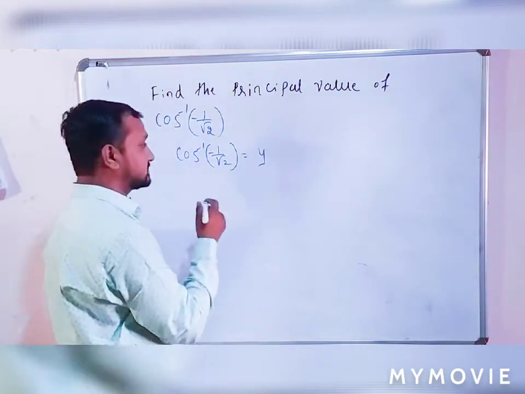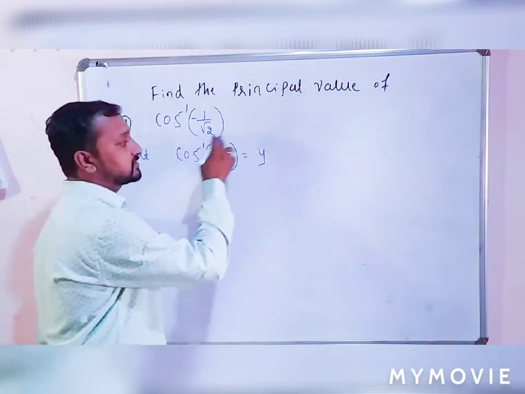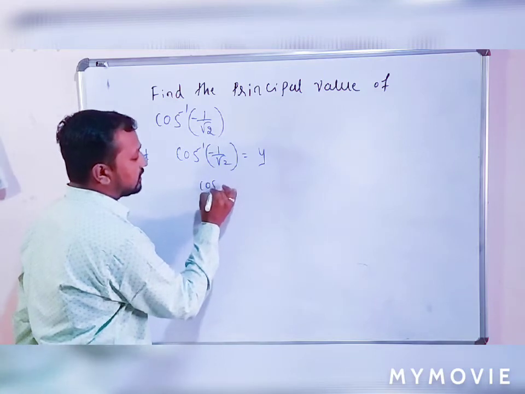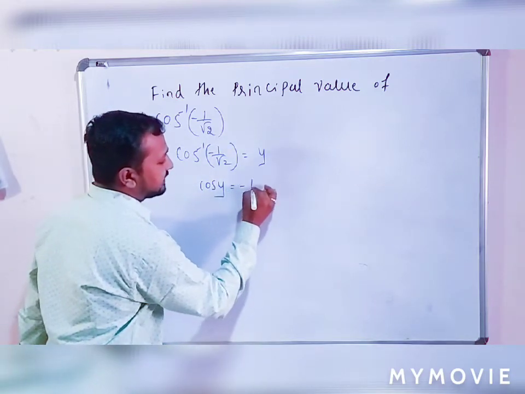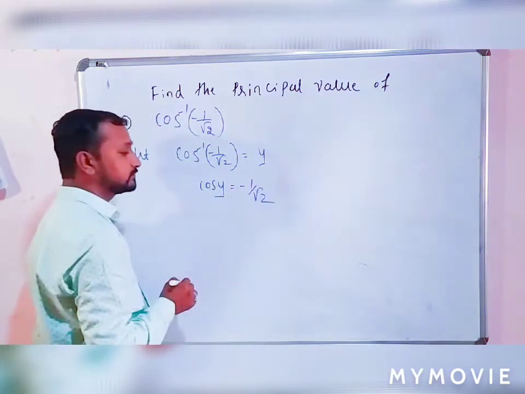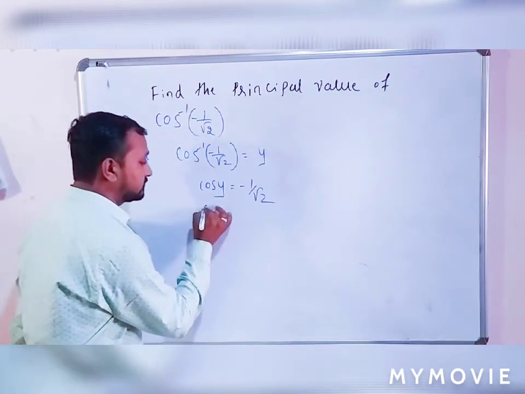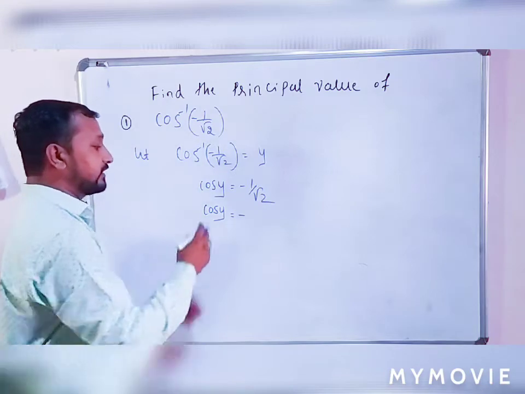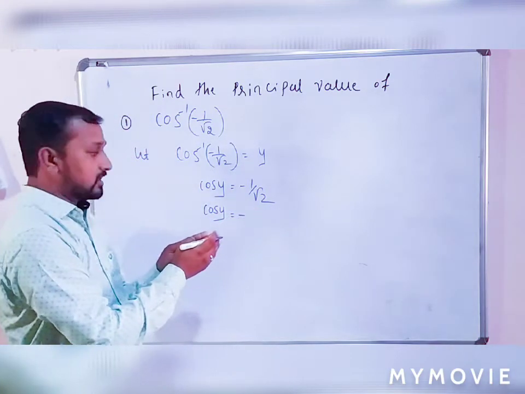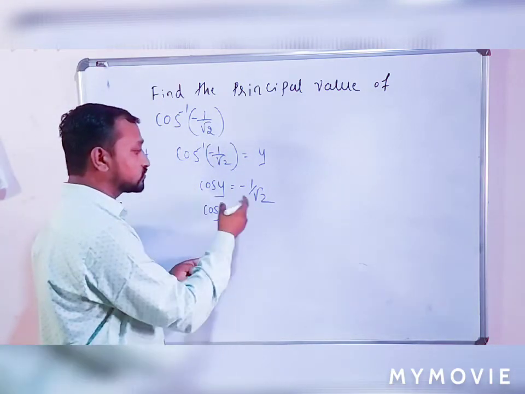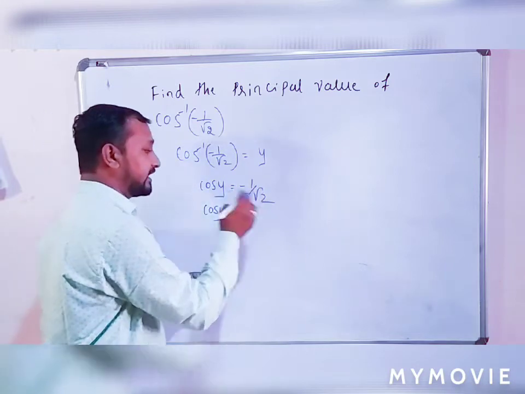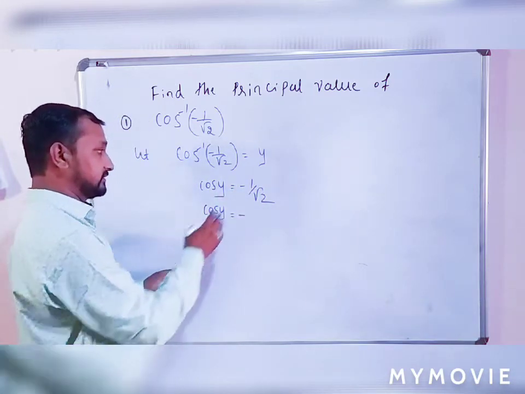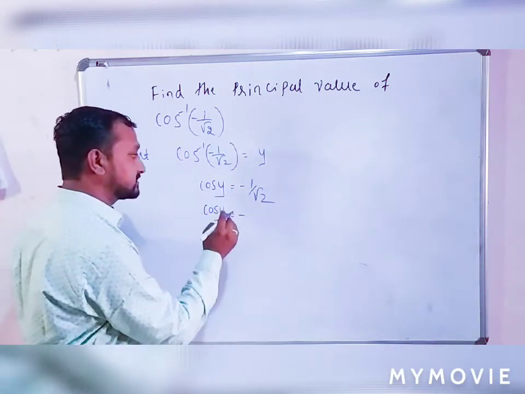Then again, the cos inverse function is shifted to the right-hand side. So cos y is equal to minus 1 divided by root 2.